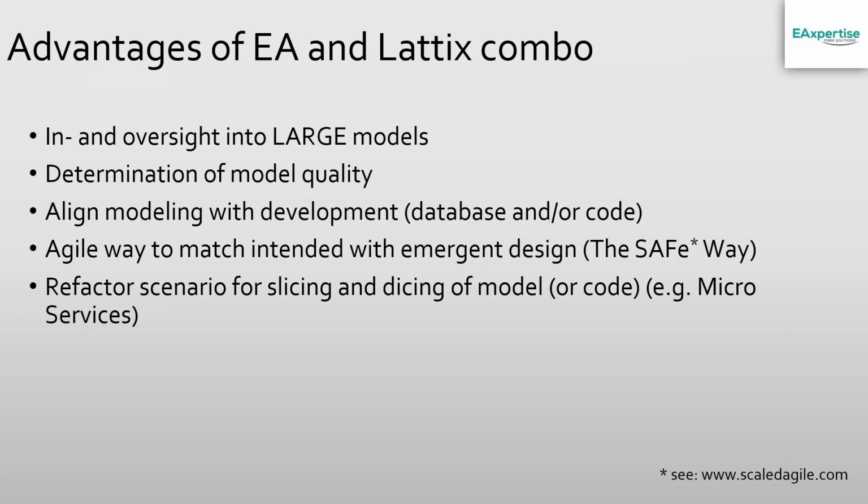Is it a clump of all kinds of elements and diagrams, or is it a bit more structured or fully structured? It's possible to align modeling with development, and the examples I showed were about code. But if you have a database, you can make a connection between Lattix and the database, and Lattix is perfectly able to read the data schema and show a dependency structure matrix on that.